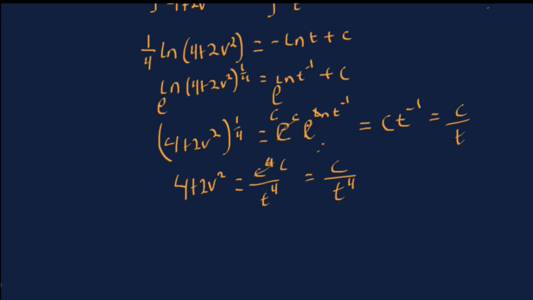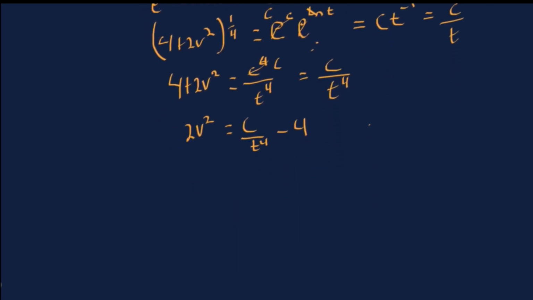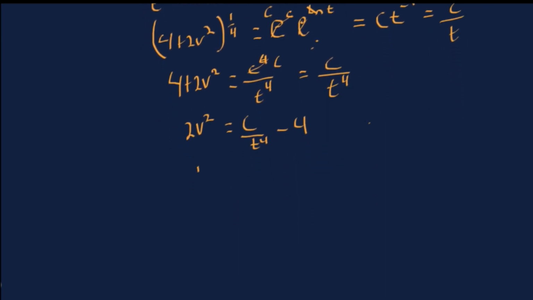And then when we subtract 4 from both sides, we get 2v squared is equal to c over t to the fourth minus 4. And then when we divide both sides by 2, we get v squared is equal to 1/2 times (c over t to the fourth minus 4).